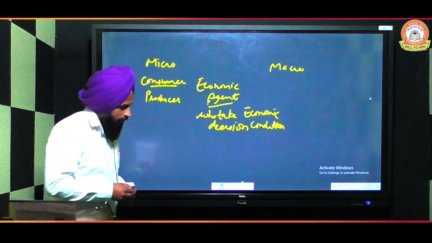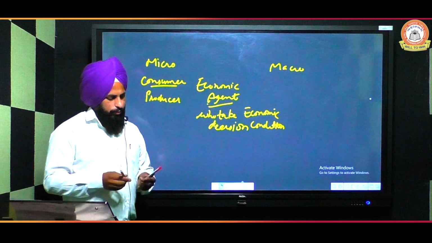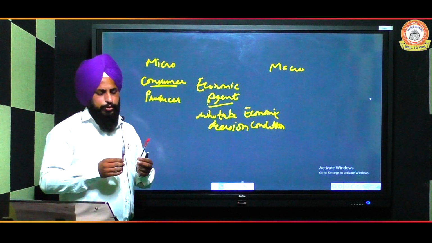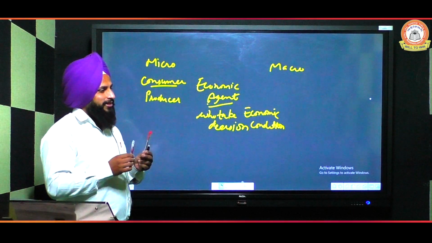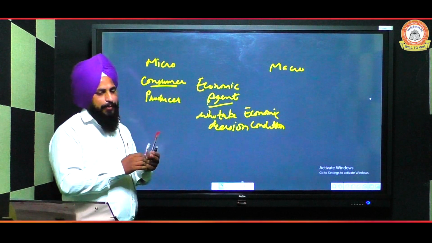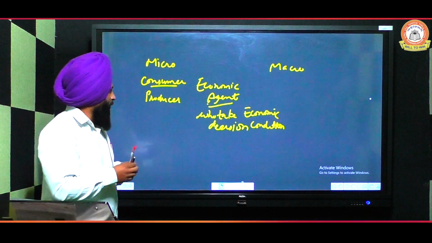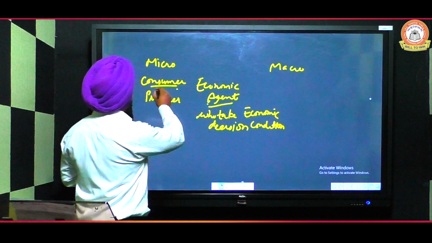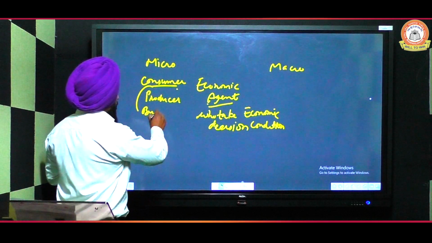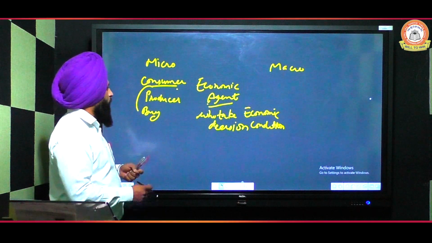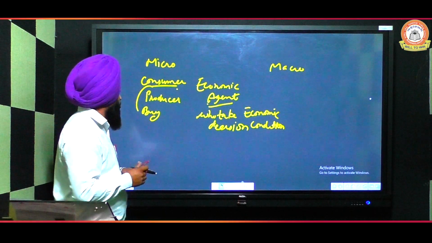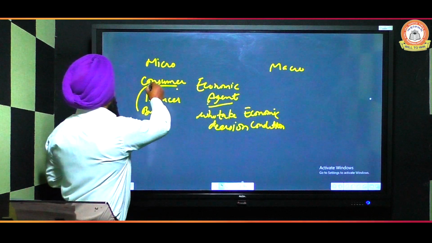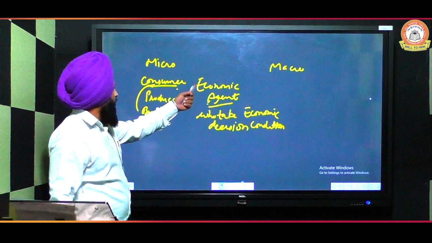For example, you as a consumer have the choice of these two pens, the red and the blue. You always decide whether you buy the red pen or the blue pen. As an economic agent, you are free to decide which thing you are willing to buy. No one can force you to buy the red pen or the blue pen.